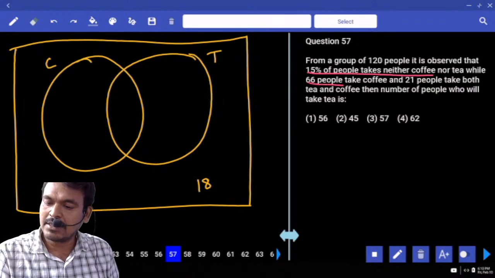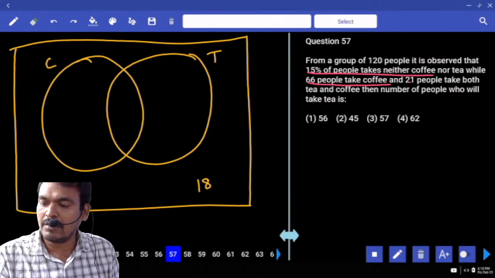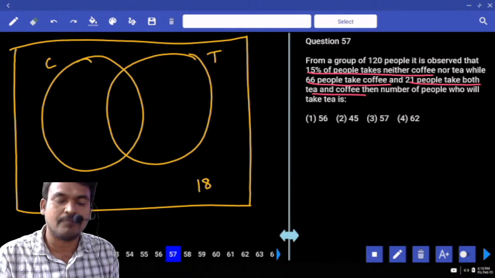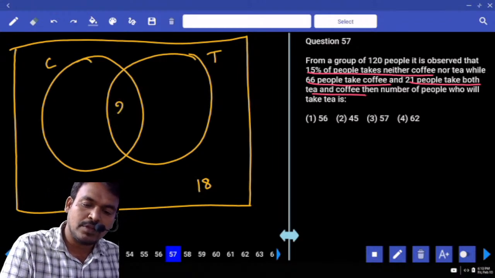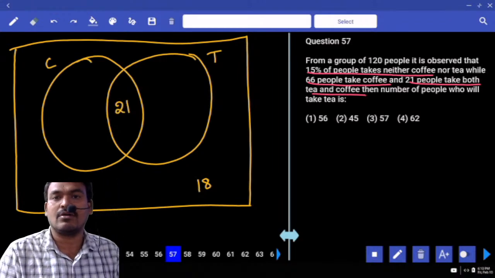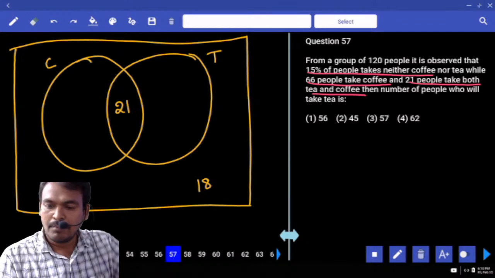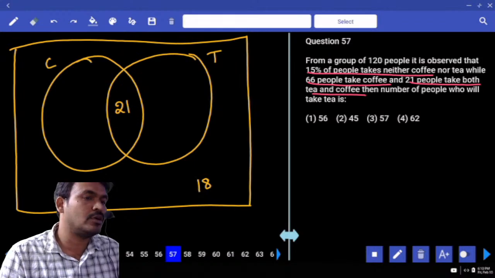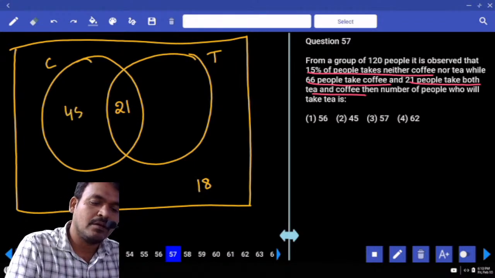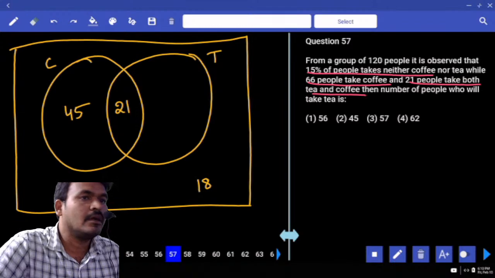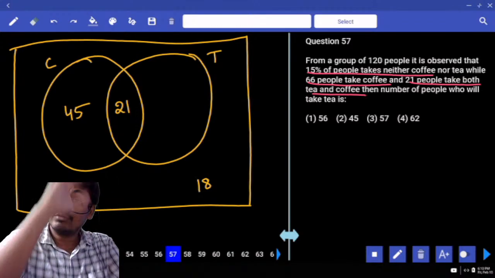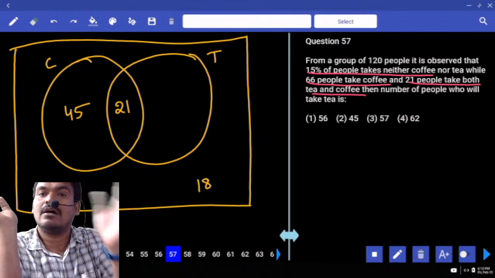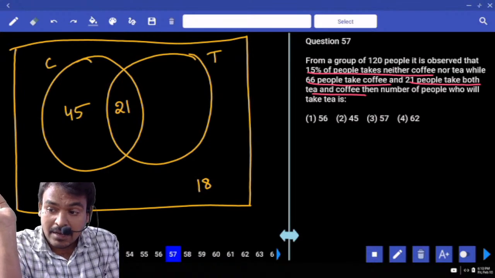And 66 people take coffee and 21 people take both tea and coffee. 21 people take both coffee and tea, so the combination is 21. But the total coffee value is 66. Out of 66, 21 is completed, so what is the remaining? 45. Next, out of 120, 18 already take neither coffee nor tea.